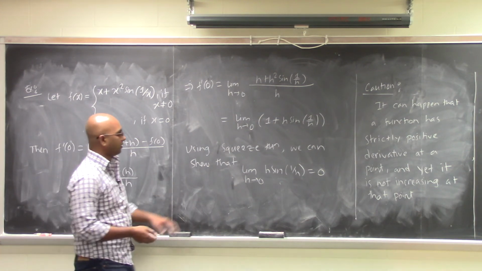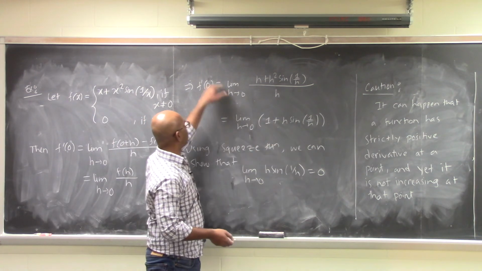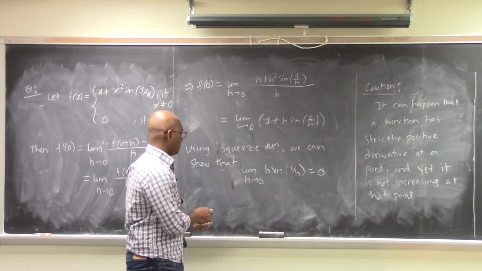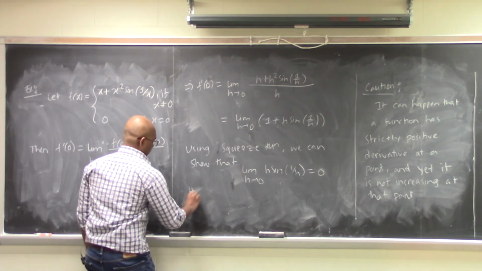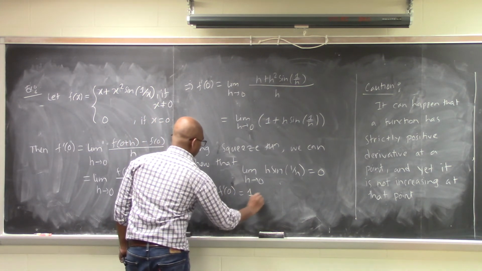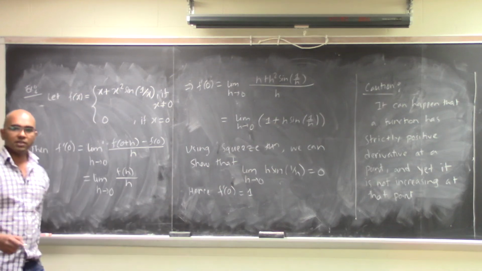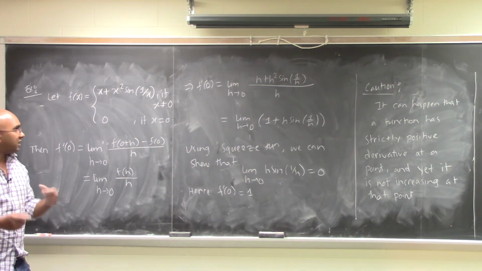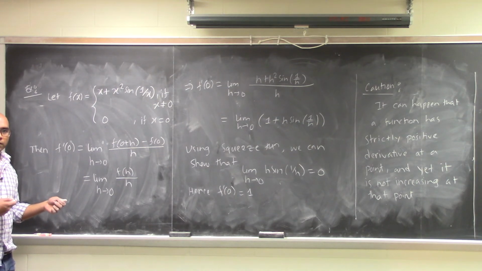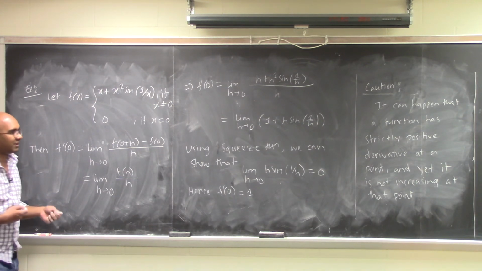Then you will get 0. So this limit is 0, and therefore f prime of 0 is just the limit of 1 as h approaches 0, which is 1. Hence f prime of 0 equals 1, which is strictly positive. But is this function f increasing at 0? No.